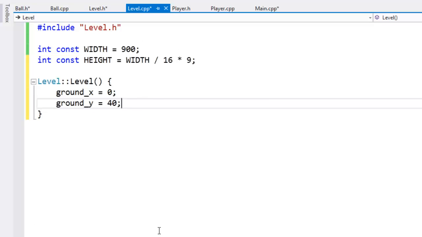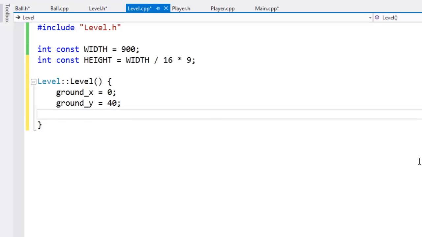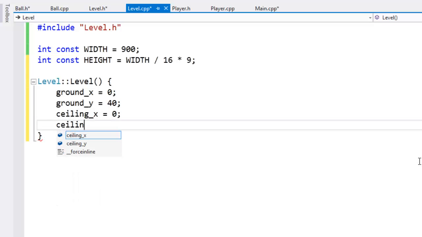What 40 is, it's going to be 40 pixels from the bottom of your screen upward. I'll show you how that works in a second. Ceiling is going to be equal to 0, and it's essentially the same exact thing. Just 40 again, so it's even.